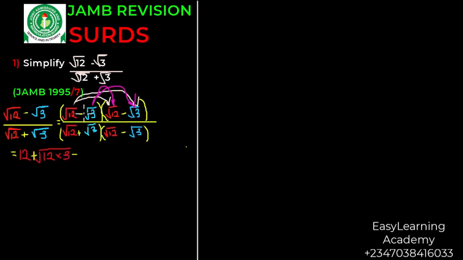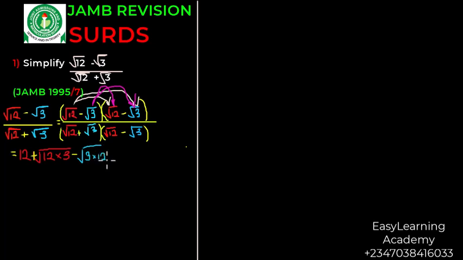It's going to be minus here, and it goes square root of 3 times square root of 12. So we can put both in one square root, and it becomes 3 times 12. That settles that.